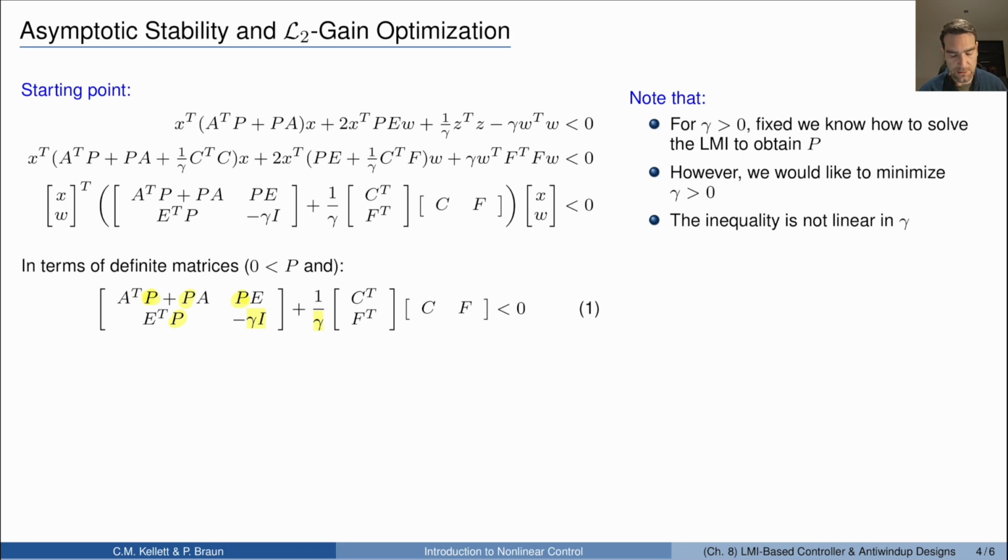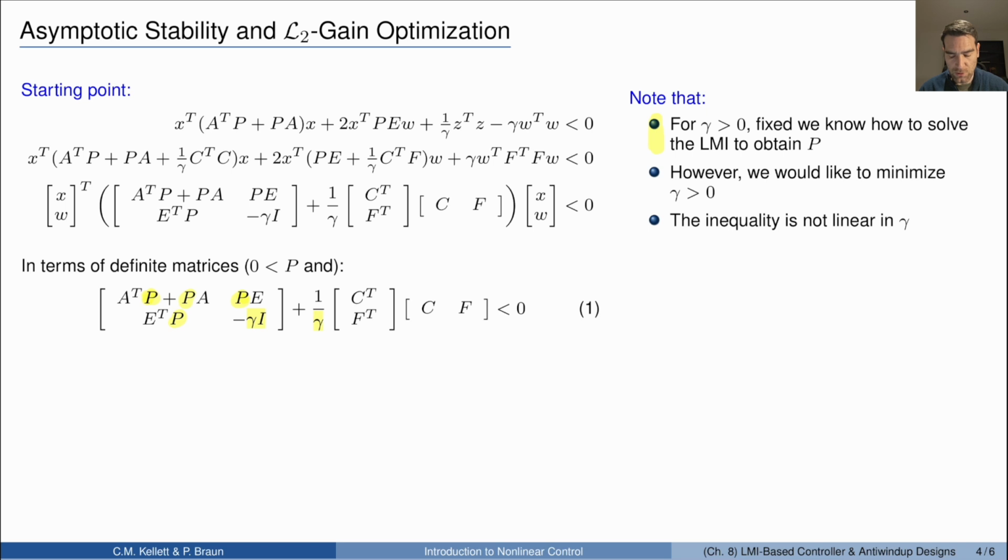So gamma is not a linear component here. Meaning, focusing on this first bit, for a fixed gamma, we could solve this as a linear matrix inequality in the unknown P, and then obtain a positive definite matrix if the matrix inequality is feasible.